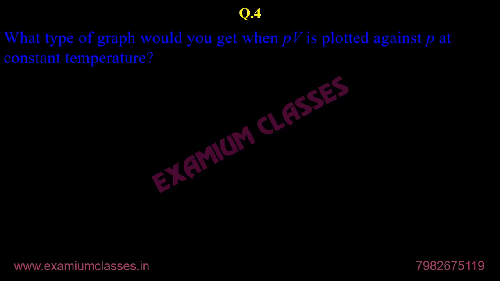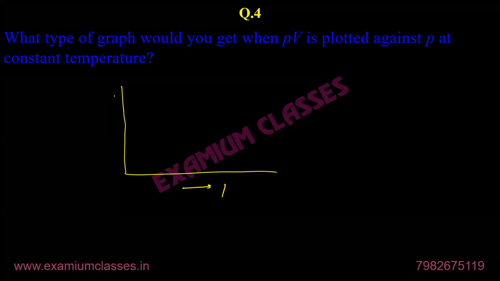Next question. What type of graph would you get when PV is plotted against pressure at constant temperature? So you have P and you have PV.